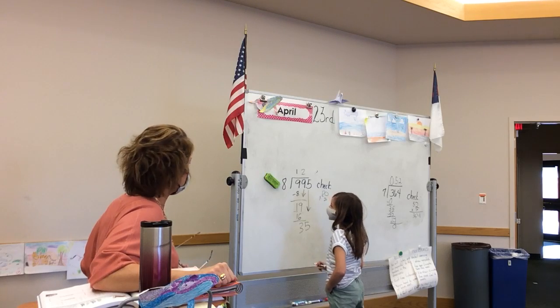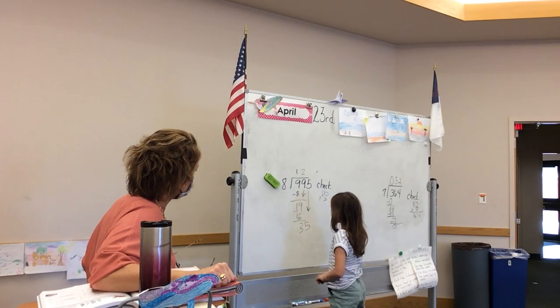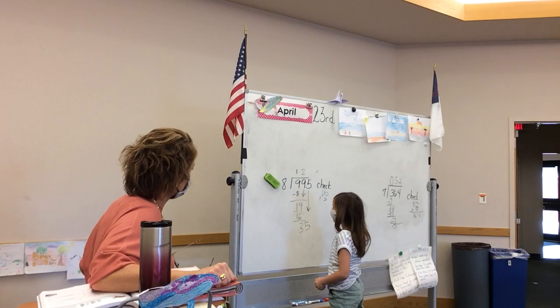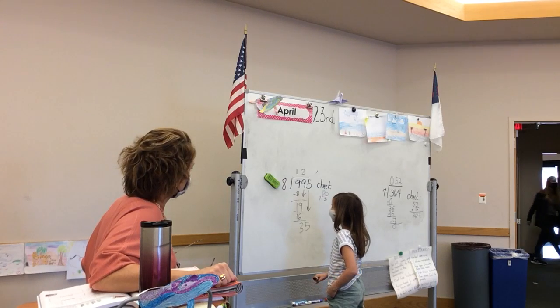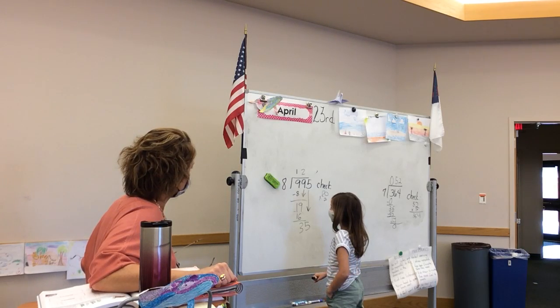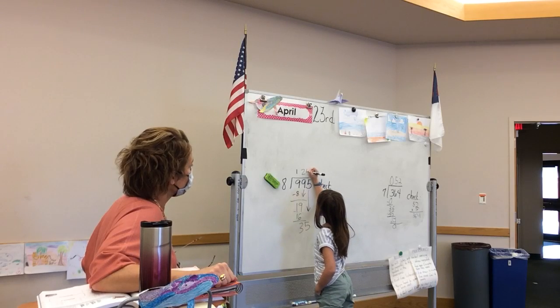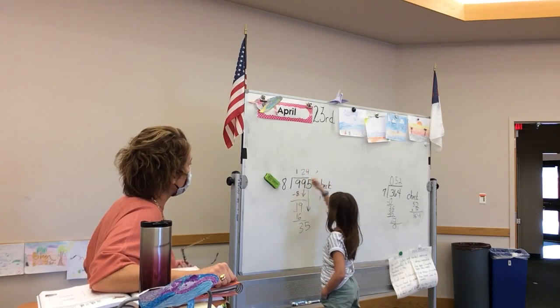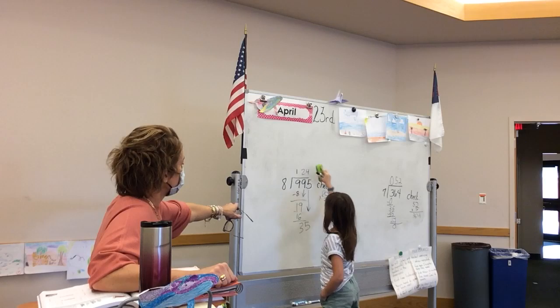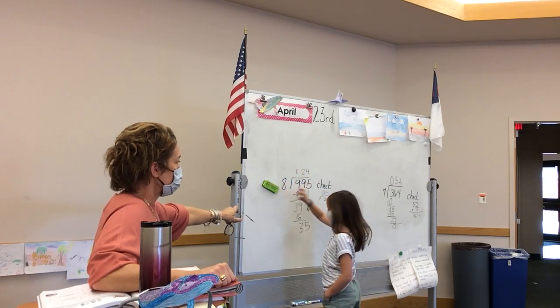What time is closest to 35? So what is 4 times 8? Not 30.